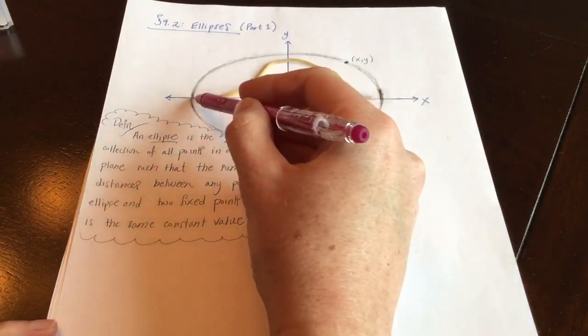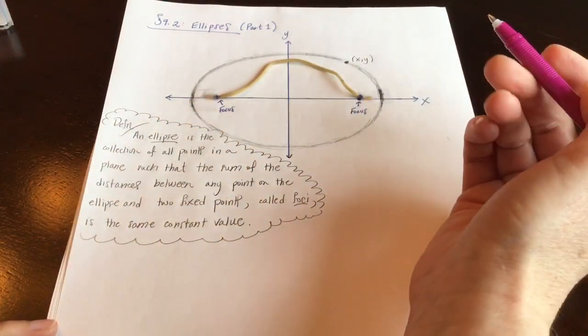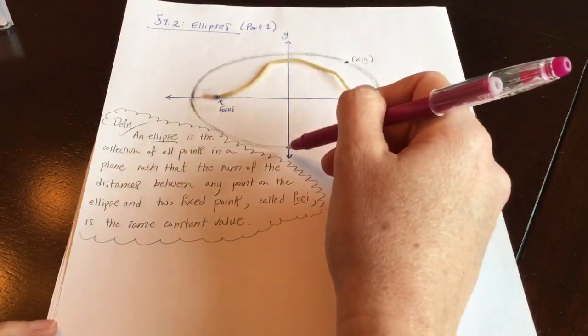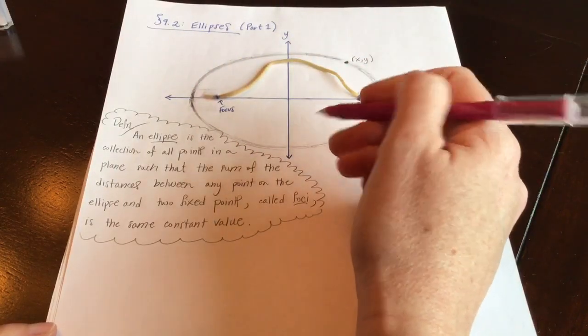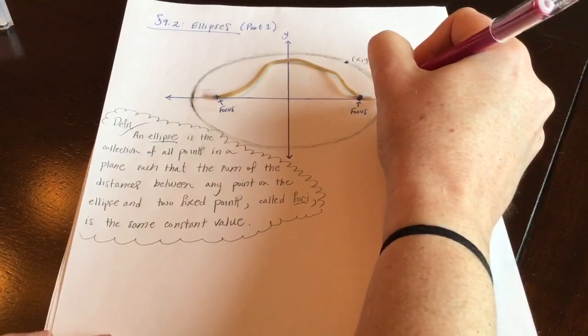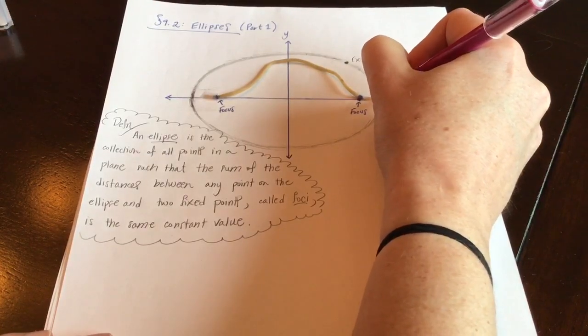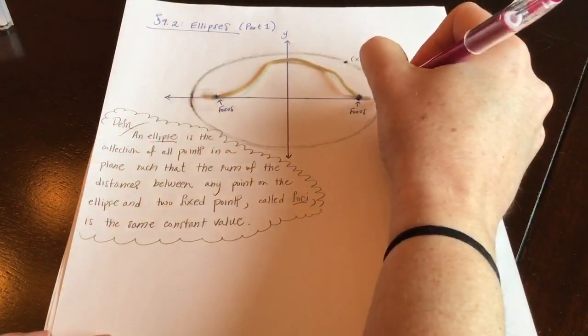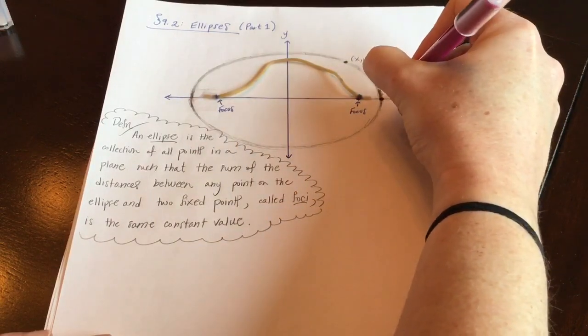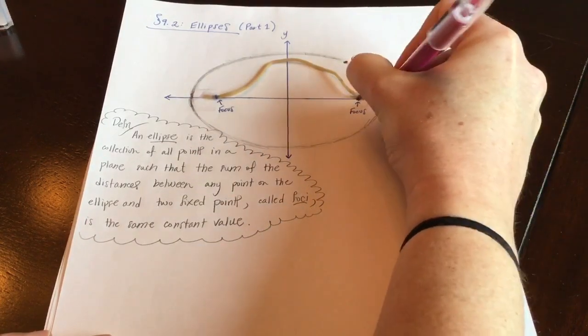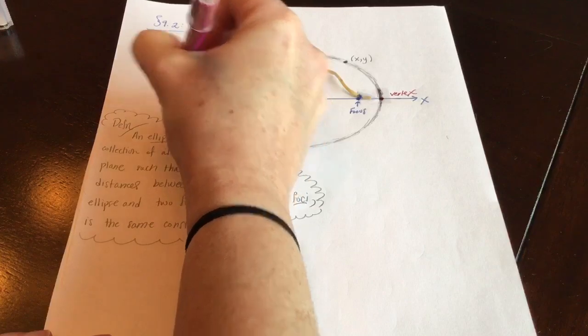They would call the longer axis the major axis, and then they would call the shorter one the minor axis. This point right here that is as far away from the center as you can get, this would be considered a vertex. This point over here is another vertex.